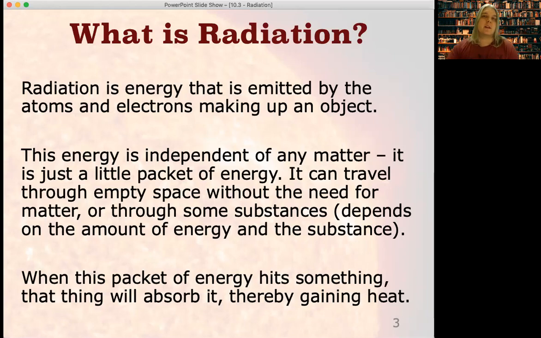When it does hit another particle, that particle can absorb it, and then it gains that heat. So the heat has come from some atom or molecule, been sent as a little packet of just energy, no matter, through space or through whatever, and then something else collects it, and now it's got some energy that was originally in the thing that emitted the radiation.